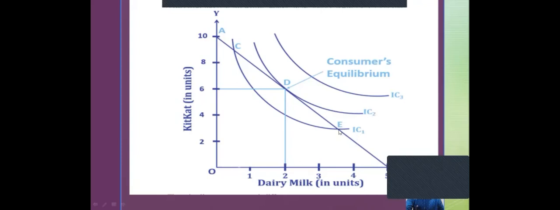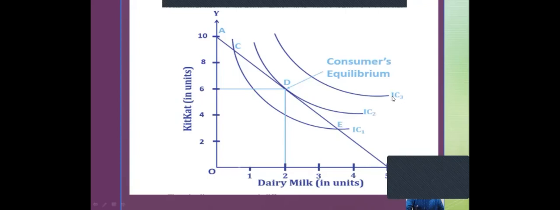So points E and C are rejected because both points are not convex to the origin and they are remaining under a lower indifference curve, whereas IC2 is a higher indifference curve where the consumer is getting more satisfaction.